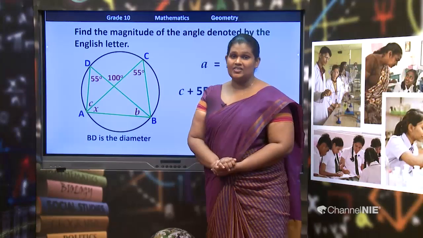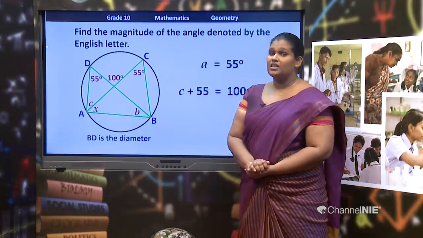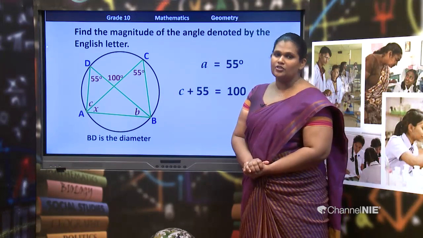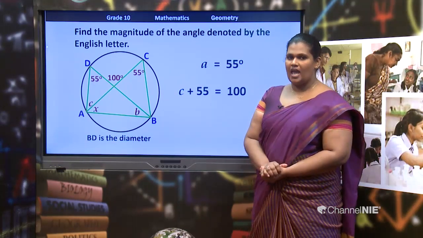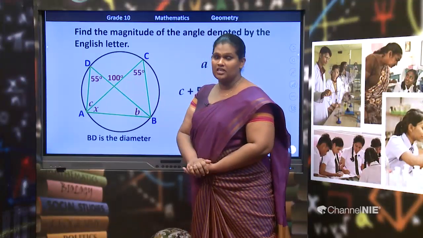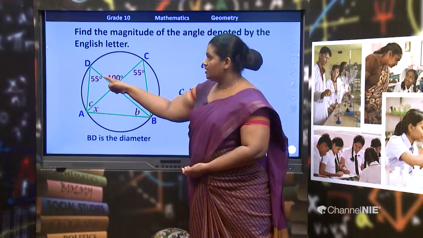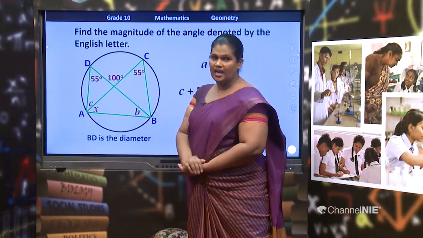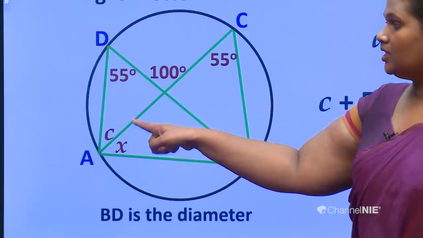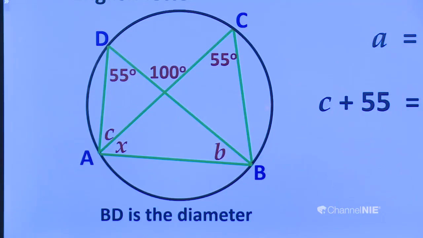The reason is the magnitude of an exterior angle is equal to the sum of the interior opposite angles. This is the exterior angle, the magnitude of it is 100 degrees. These are the interior opposite angles. So, we can get the sum by adding these 2 values. So, C plus 55 is equal to 100.